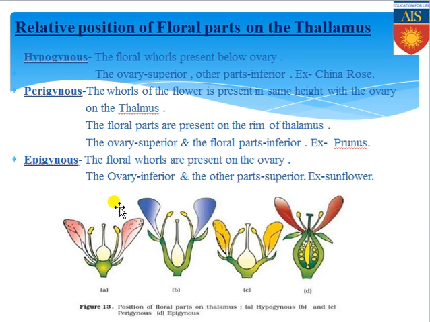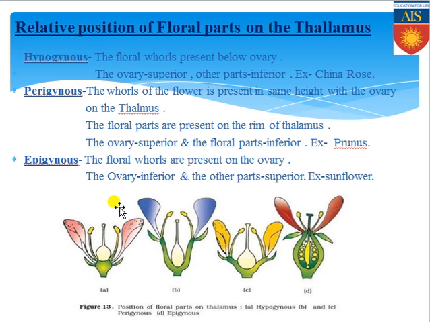Example, China rose. Okay. If you consider the perigynous flower, keep in mind that the floral whorls of this flower are present at the same height as the ovary on the thalamus. Perigynous means the floral whorls, that is androecium, calyx and corolla, are all present almost at the same height as the ovary, on the rim of the thalamus.